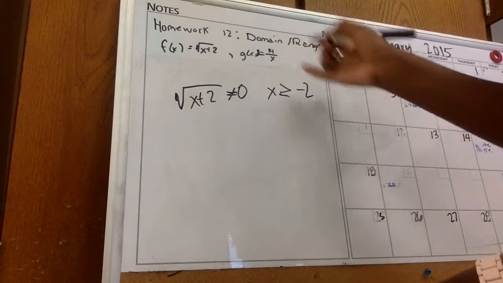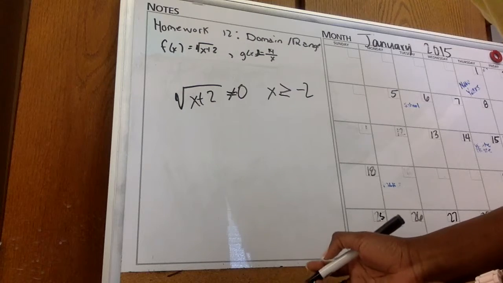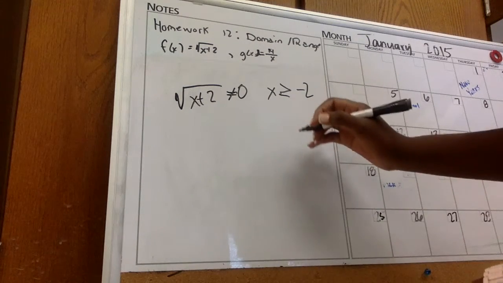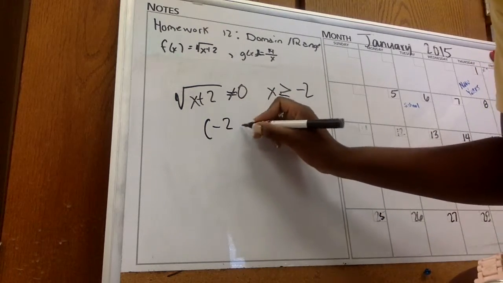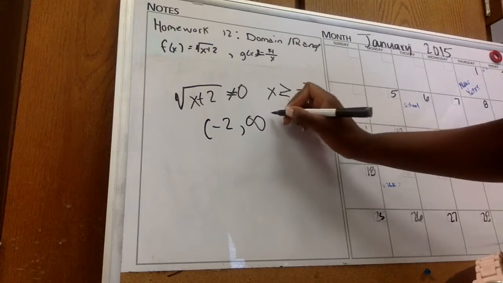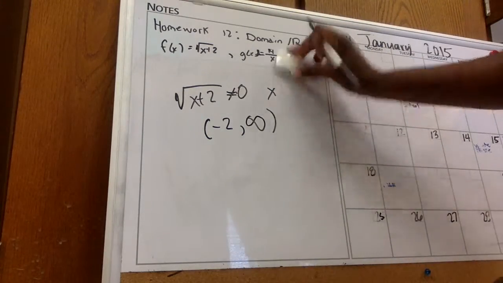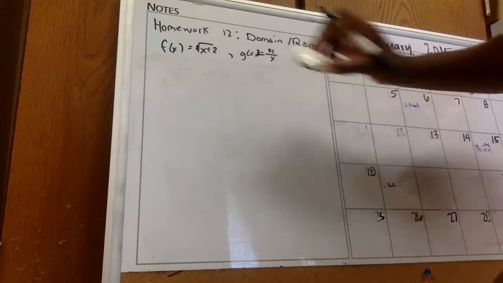Now this one is simpler than our other because the only value that doesn't satisfy this is -2. So that just leaves us with the domain of -2 to infinity. See, simple as that.